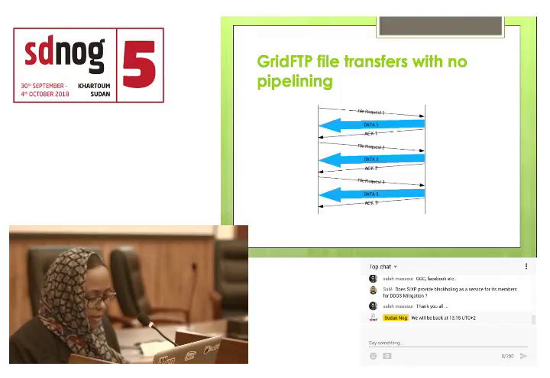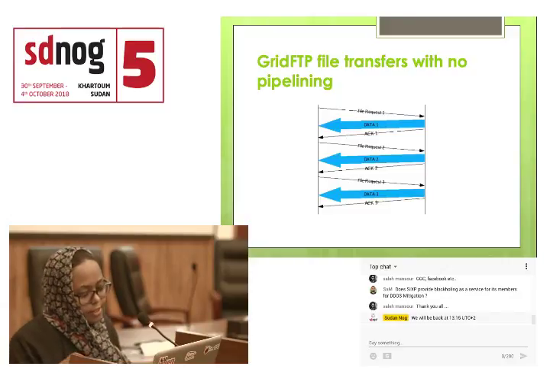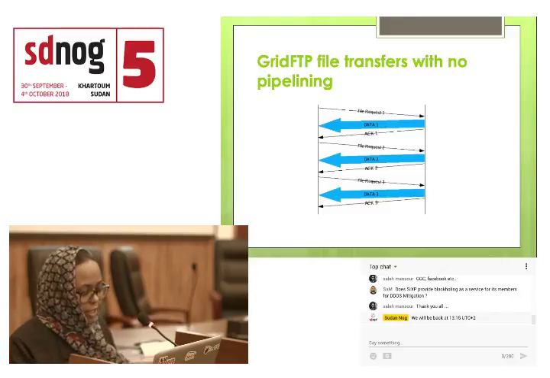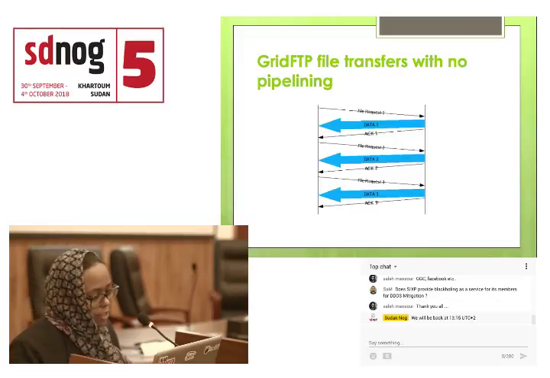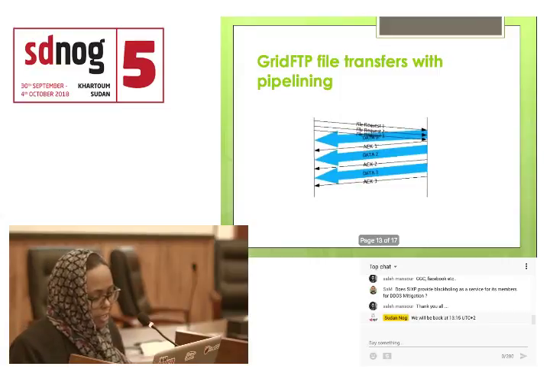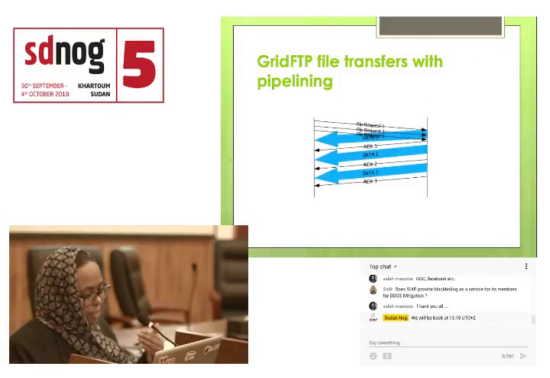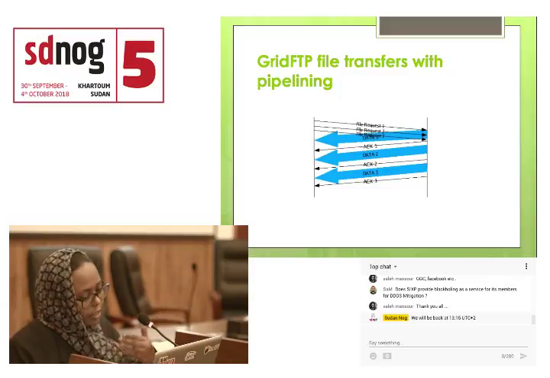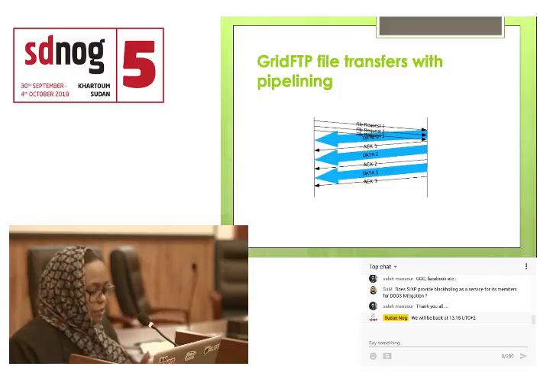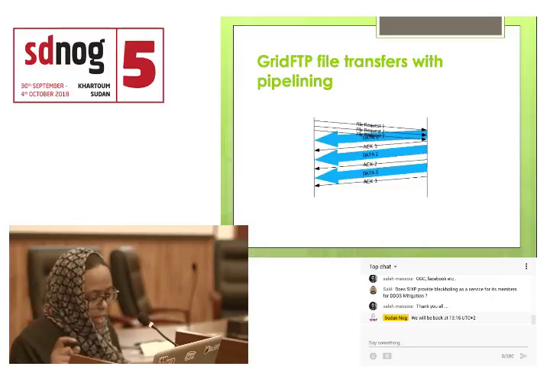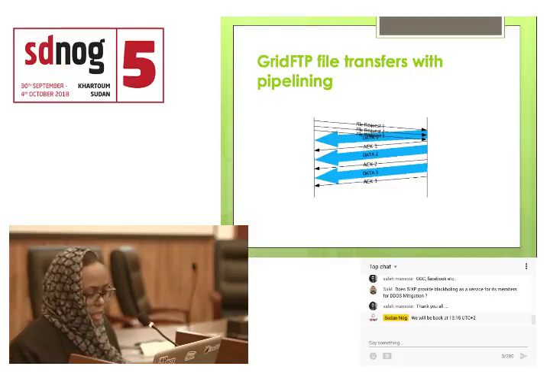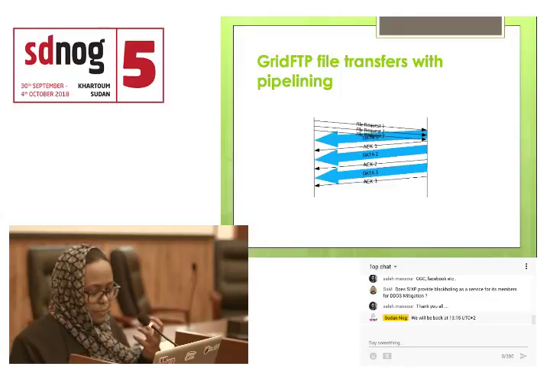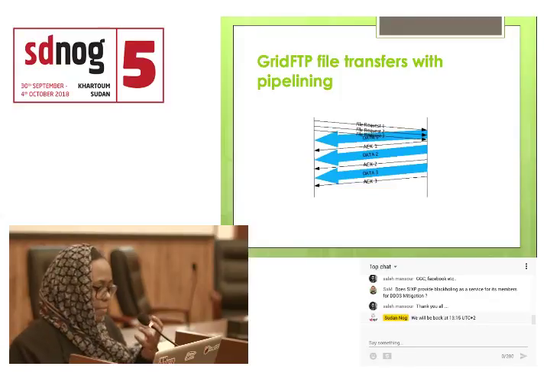This occupies some part of the bandwidth. But in grid computing, we don't have to wait for the acknowledgement. The transfer goes one after another without waiting, minimizing this time and reducing latency, as well as making full use of the bandwidth.